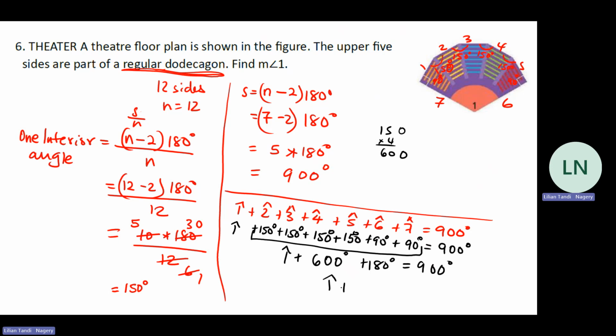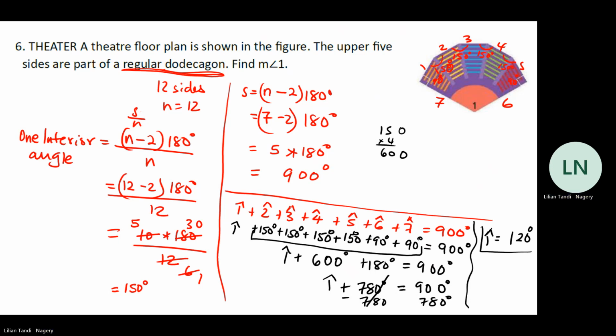So angle 1 plus 780 degrees equals 900. Then you subtract 780 on both sides, 780 degrees. This goes away. Then you write here angle 1 is equal to 120 degrees. Like that. 120 degrees.